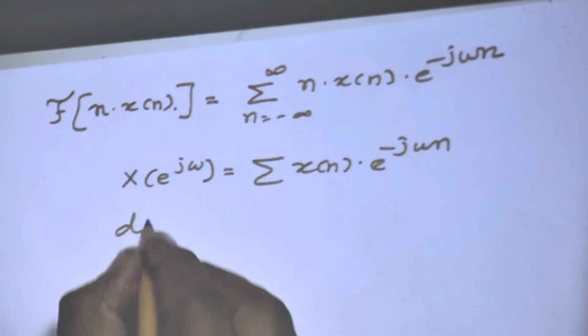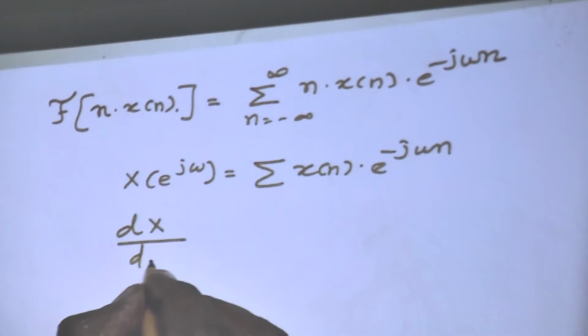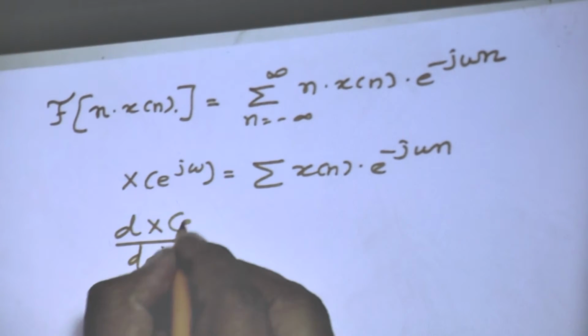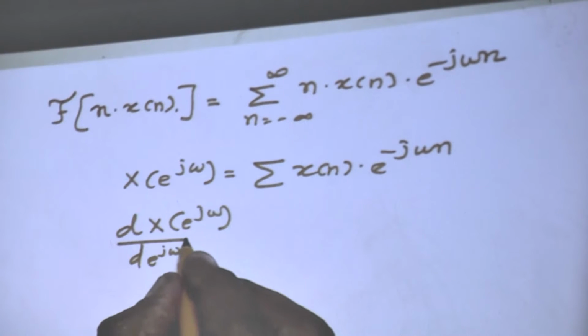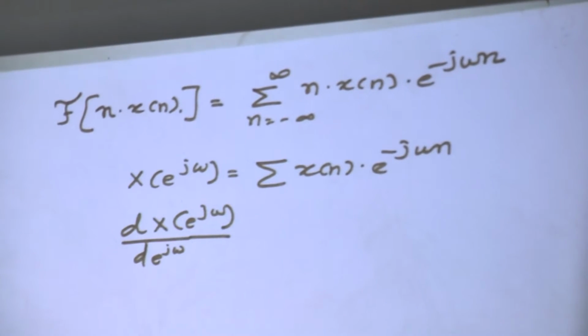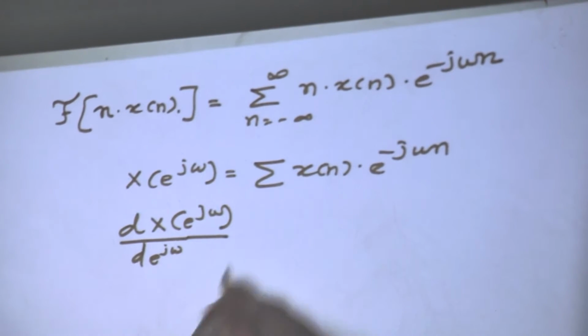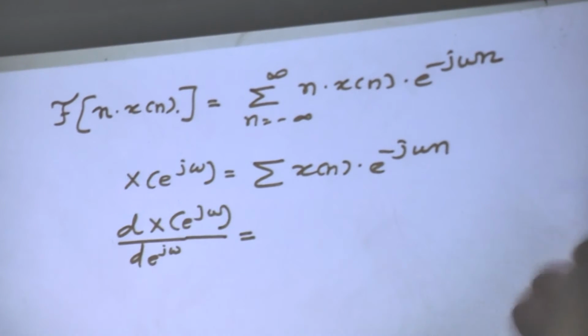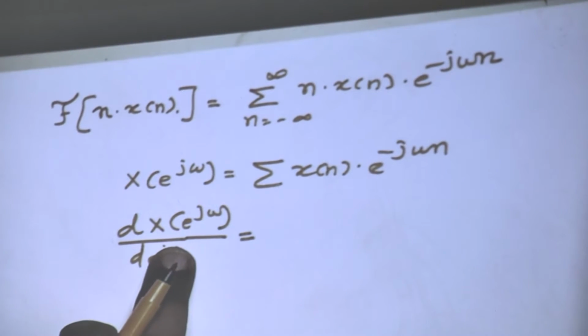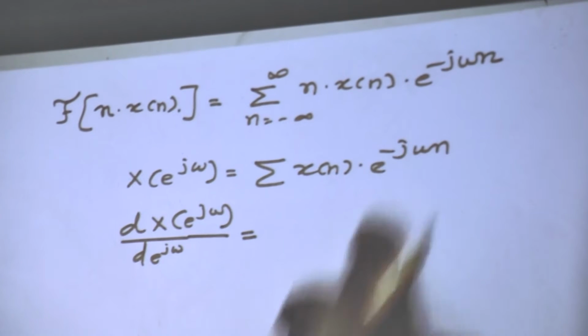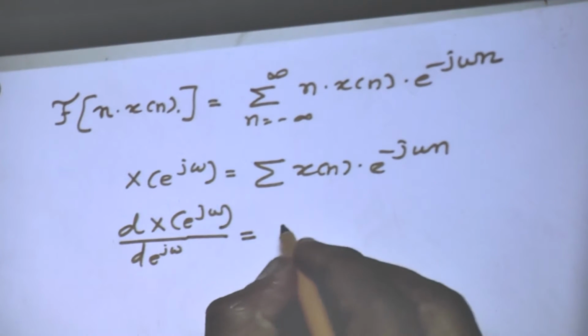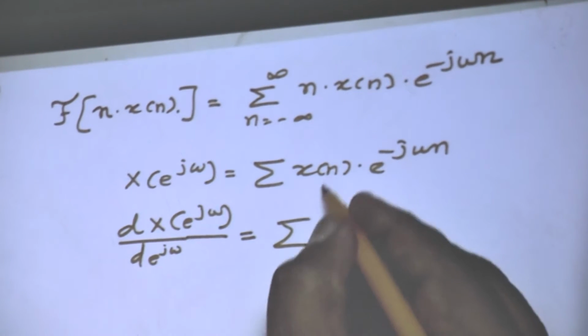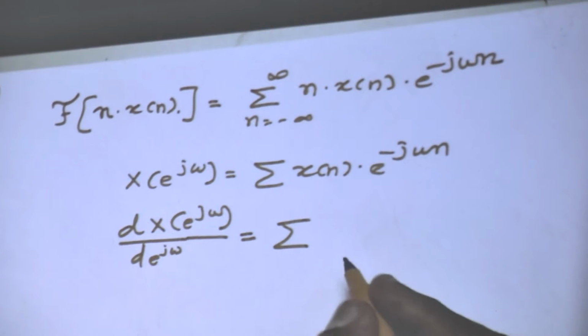So take dX by d e to the power j omega. Take the derivative of both the sides with reference to e to the power j omega. So e to the power j omega as a function. The right hand side becomes x[n], which is constant with reference to e to the power j omega.